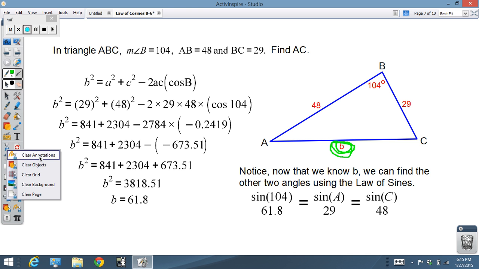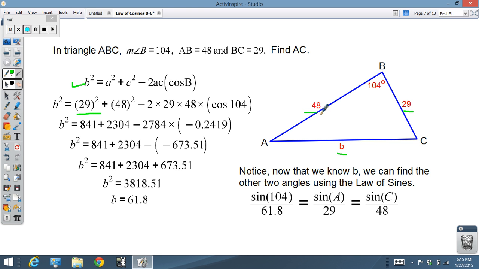So I wrote that second form right here, and you can follow along. So little b squared, that's my unknown, equals a squared, 29, plus c squared, 48, minus 2 times 29 times 48, 2 times A times C times the cosine of B.